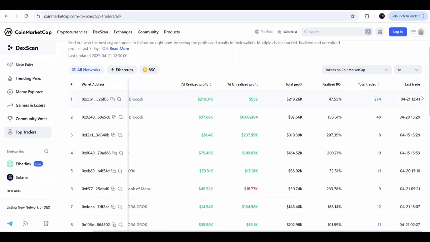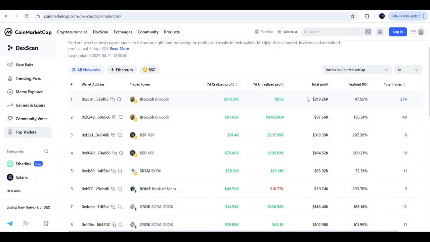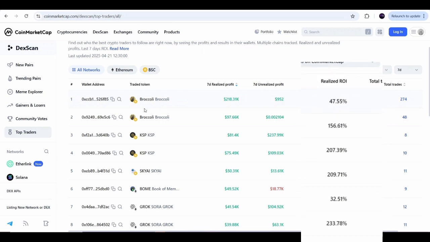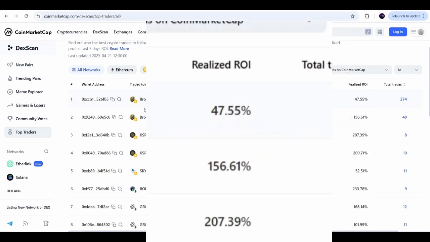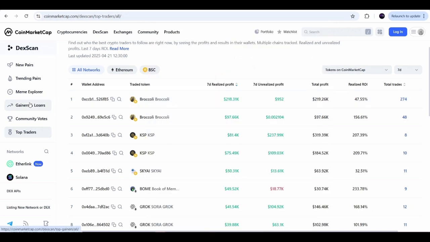It's so great. It gives you great live data from the top traders. It's a very, very important tool that you can use. You see what top traders do, and sometimes they give you very good information. The top traders part gives you the information of traders who gain great profit from the market, and you can use that information. But what is ROI? ROI shows the percentage of capital growth. For example, this wallet has grown its capital by 47%.